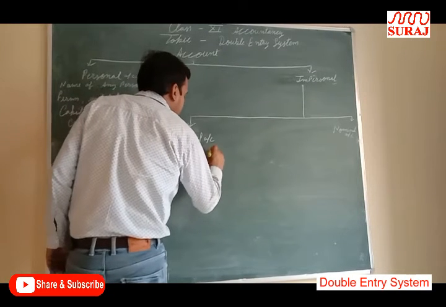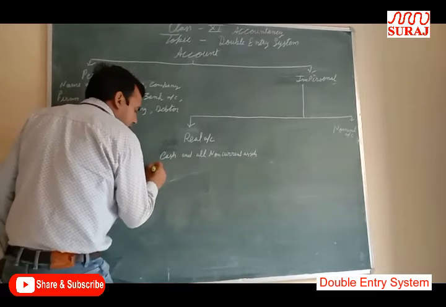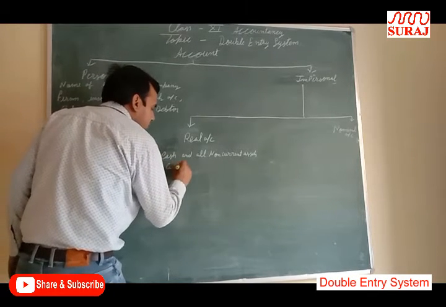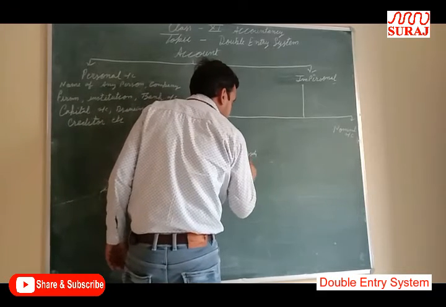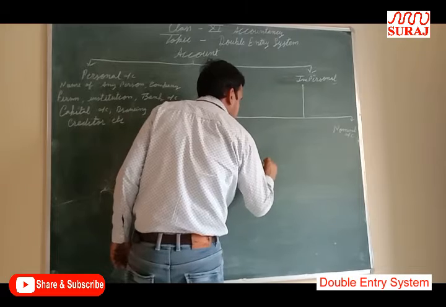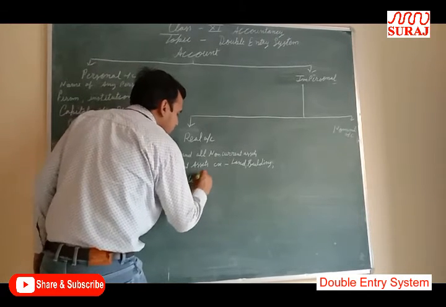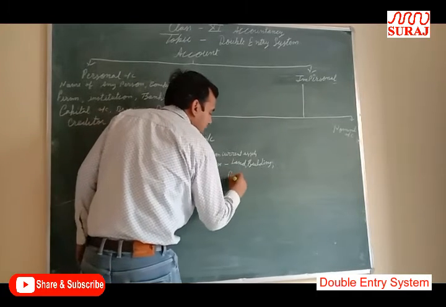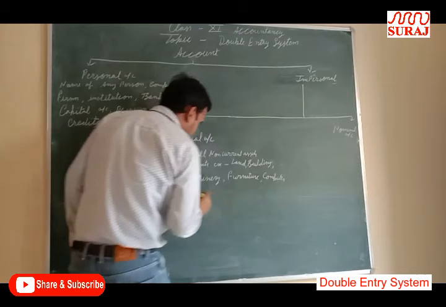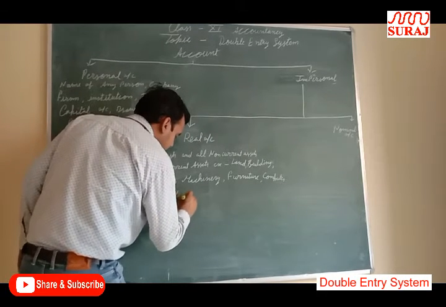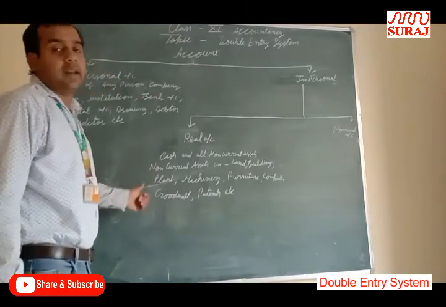Non-current assets, for example: land, building, plant, machinery, furniture, computer, goodwill, patent, etc. These are included in real account.